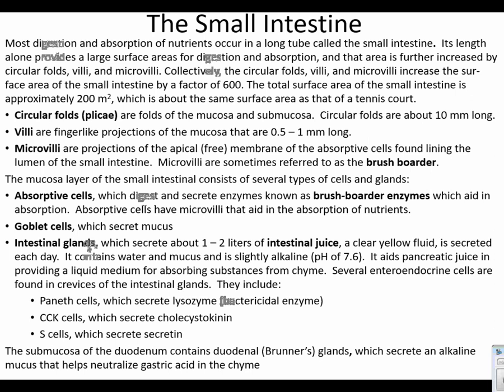It is a long, winding, twisting tube which provides for a large surface area for digestion and absorption. Okay. But on top of that, we have 3 special features that increase the surface area by a factor of 600. So 600 times more surface area provided by these 3 structures. Okay. Together, the total surface area of the small intestine is approximately 200 square meters, about the size of a tennis court. It's an incredible amount.